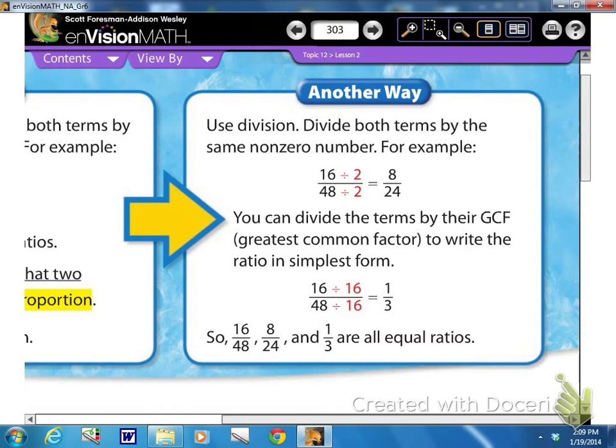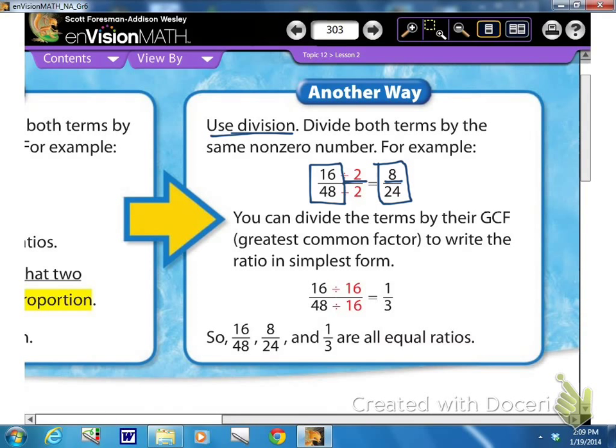All right, another way is just to use division. If both terms are divisible by the same non-zero number, you can divide them. So 16 and 48 are both even numbers and are divisible by 2. So they divide 16 by 2 to get 8, 48 by 2 to get 24. So 16 over 48 and 8 over 24 are equal ratios also.